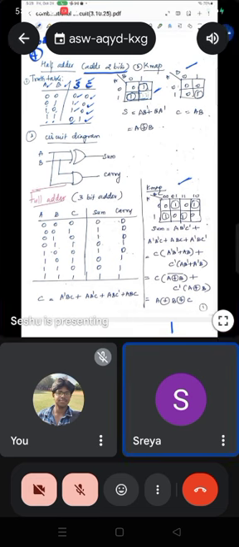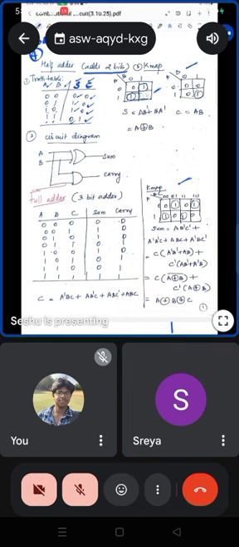So first what we have done, the question is designing half adder and full adder. Half adder is nothing but an adder that adds 2 bits. So we have taken A and B as the 2 bits. We have drawn the truth table and the outputs are sum and carry. When we add 0, 0, the output is going to be sum 0 and carry 0. 0, 1 are the inputs, so the output will be 1, 0.